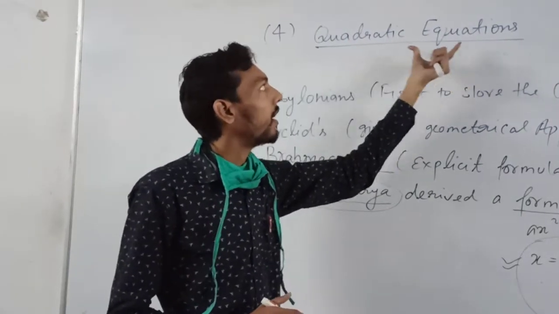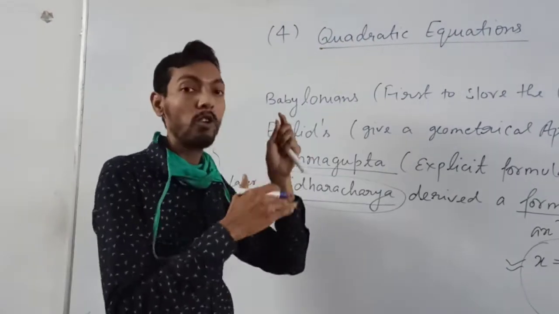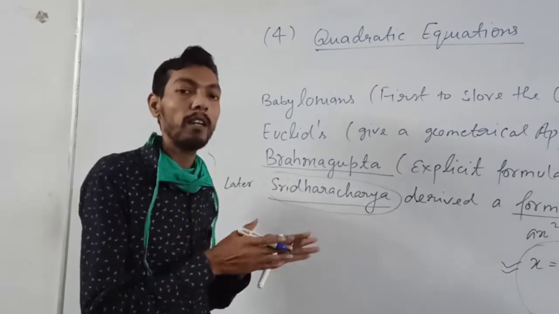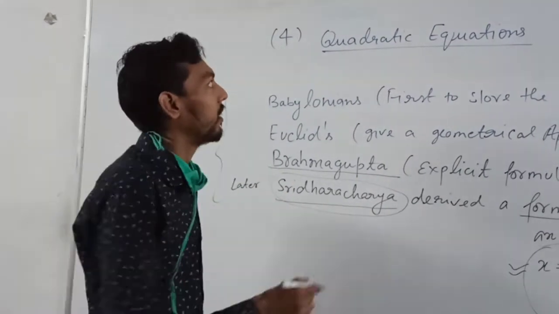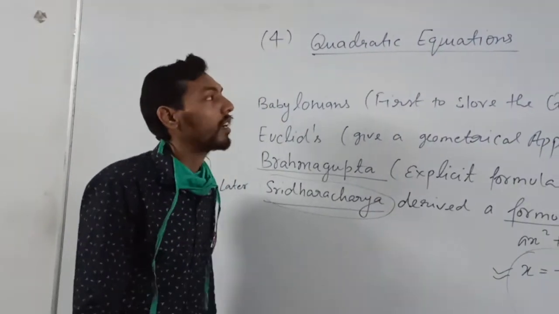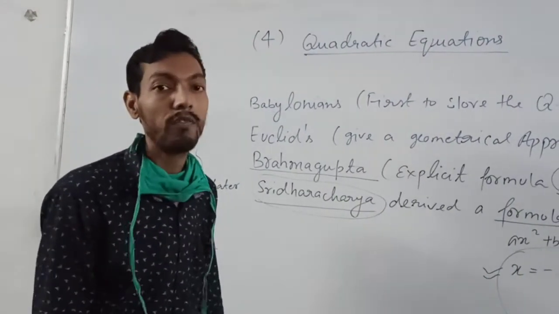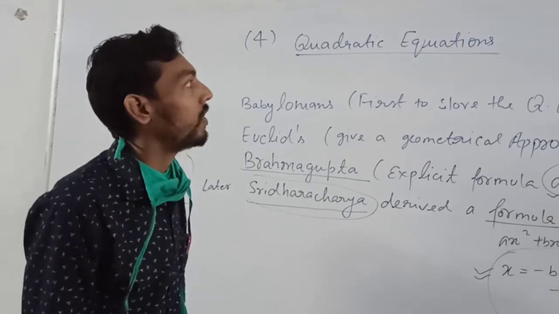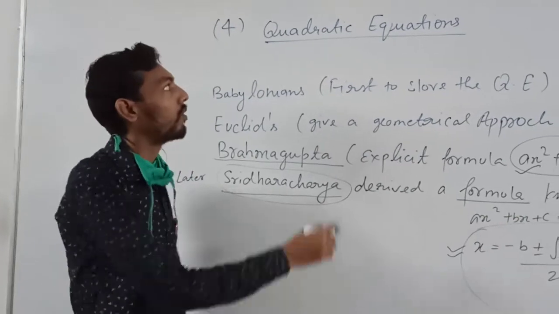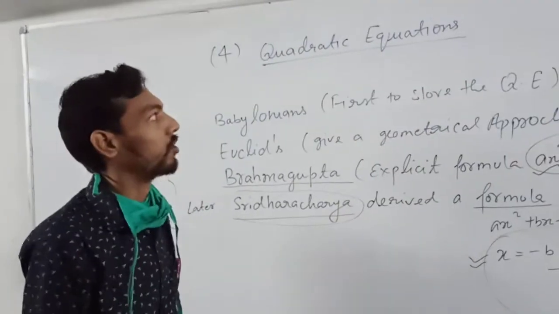Equation means if a polynomial is equated to 0, that polynomial makes an equation. That means equations which have a degree of 2, or whose highest power of the variable is 2, are known as quadratic equations.